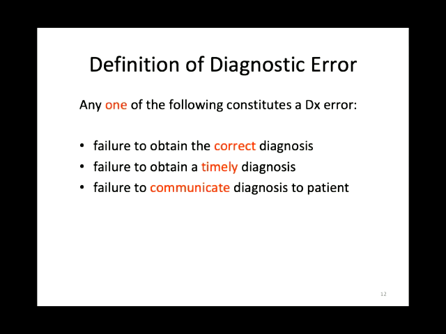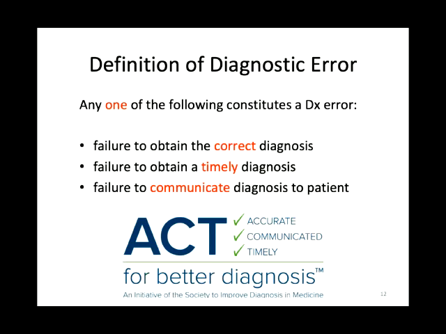So, definition of a diagnostic error. Prior to attending this conference this year, my definition basically was if you get the wrong diagnosis. But it's a little bit more than that. You have to obtain the correct diagnosis, of course, but you should obtain it in a timely fashion, and you should communicate the diagnosis to the patients.